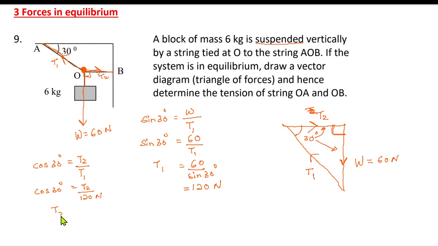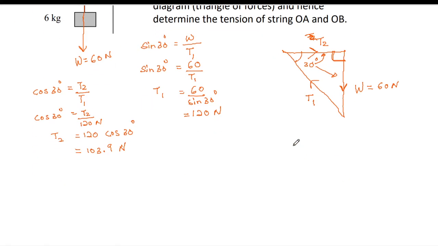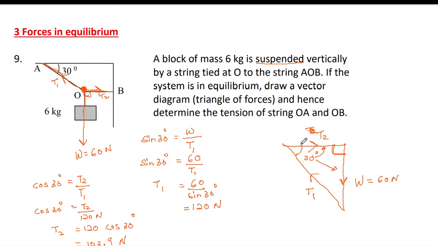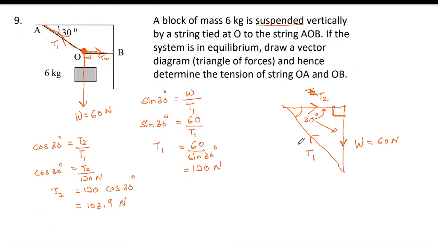Okay, so T2 equals 120 Newton multiplied by cos of 30 degree. So you will end up with 103.9 Newton. Okay, so that will be the tension of string OA and OB. So that concludes our lesson for today.